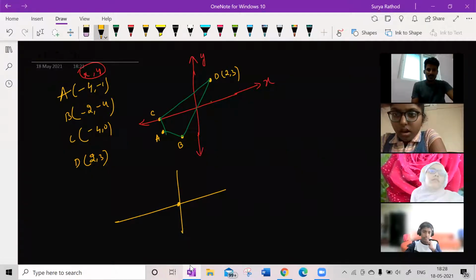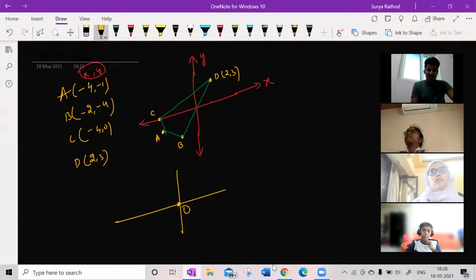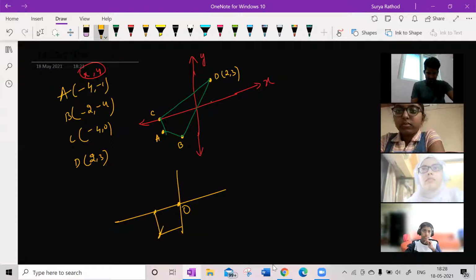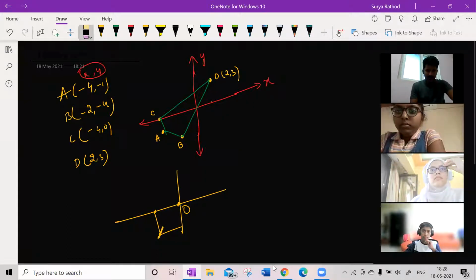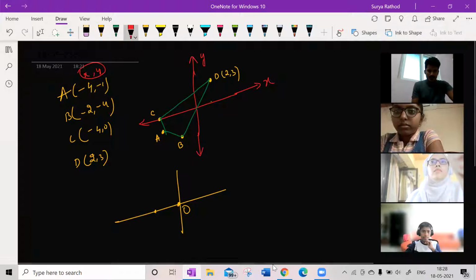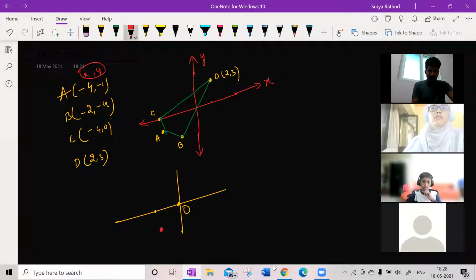See, this is the origin here. -3 will be here, 4 will be here somewhere. So this point is going to be (-3, 4). Clear?